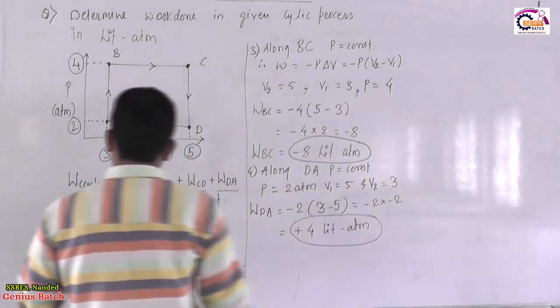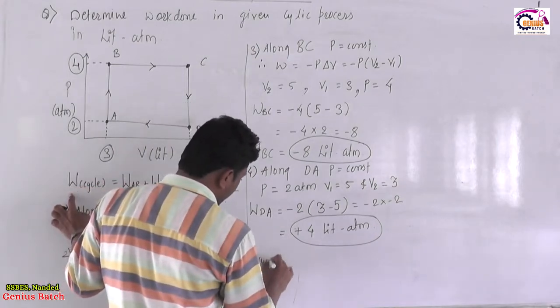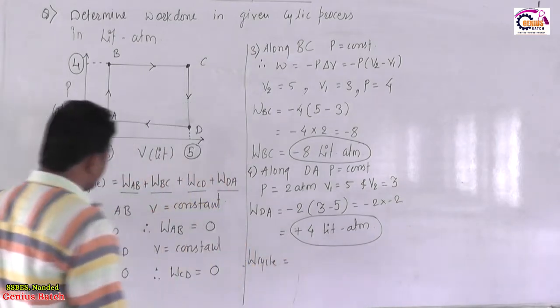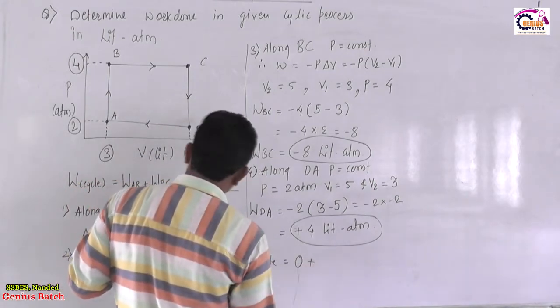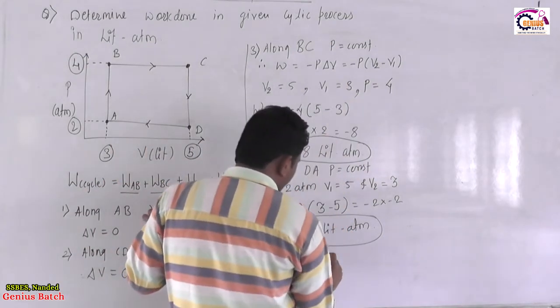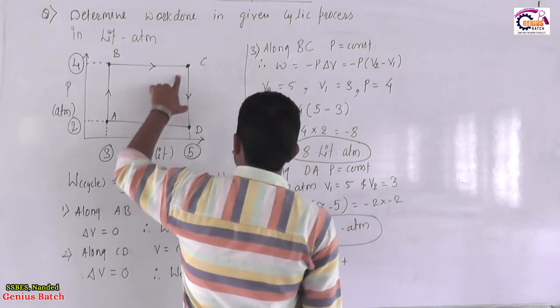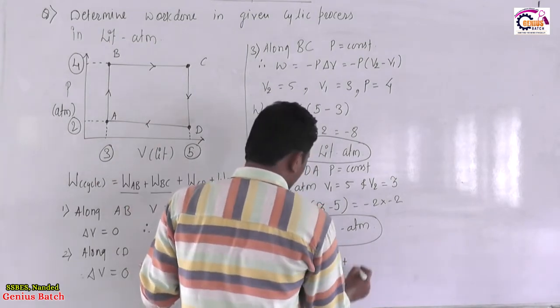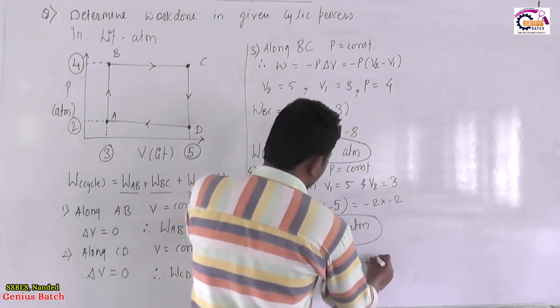If we take work done for the entire cyclic process, then work of cycle is equal to work of AB, which is 0, plus work of BC, here it is minus 8, plus work of CD, this is again 0, and work of DA, this is plus 4.